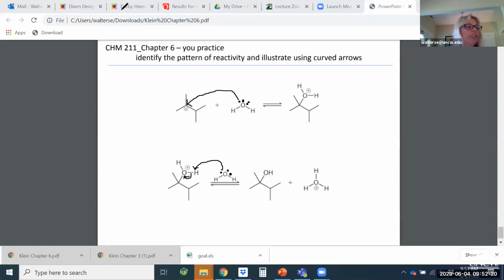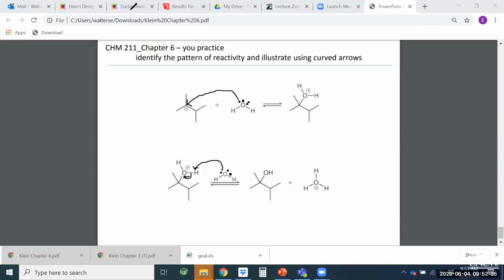So any questions with that mechanism and the skill of drawing arrows or recognizing correct arrows? I have a quick question. Sure.